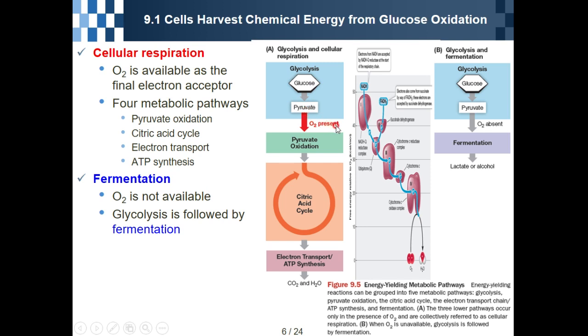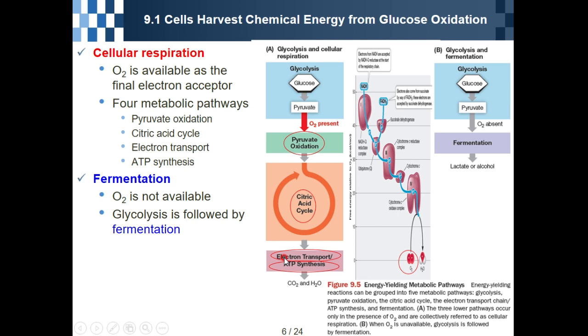When oxygen is available as the final electron acceptor, there will be 4 additional metabolic pathways, starting from pyruvate oxidation and the citric acid cycle. After that, there is electron transport, and finally ATP synthesis.